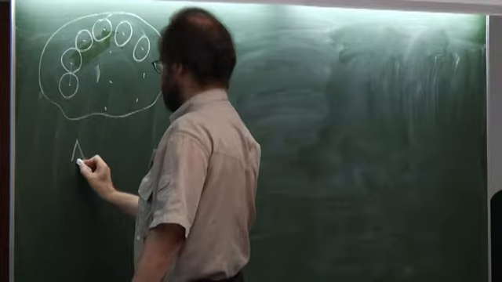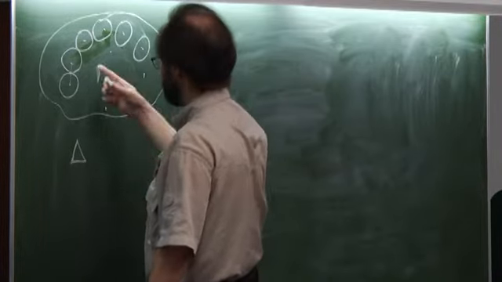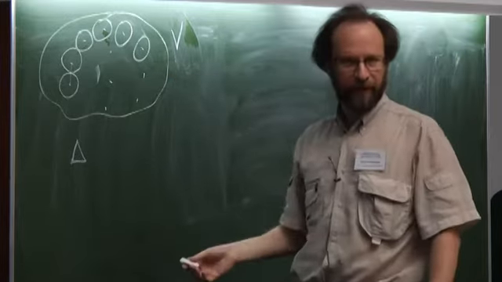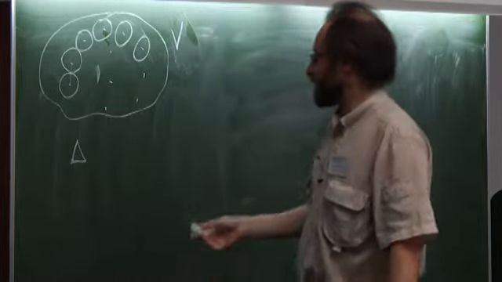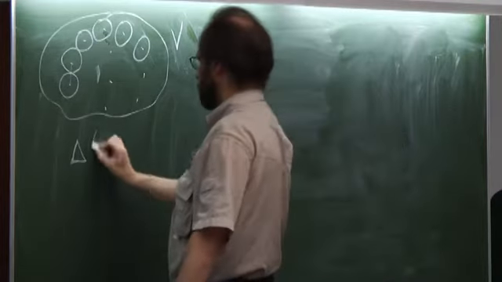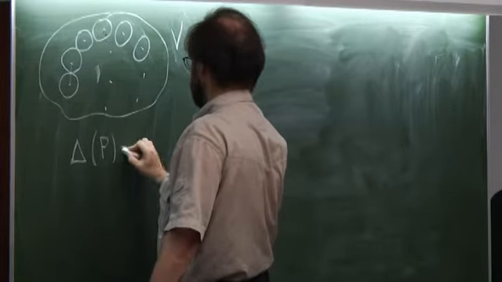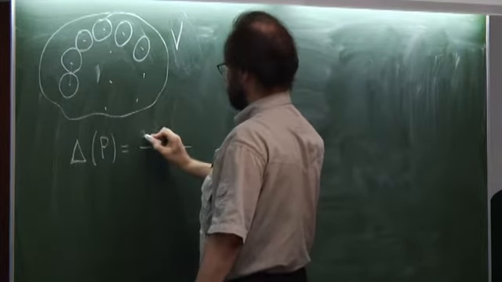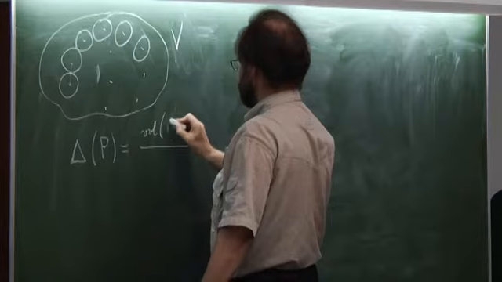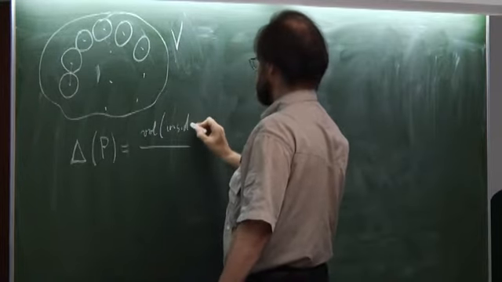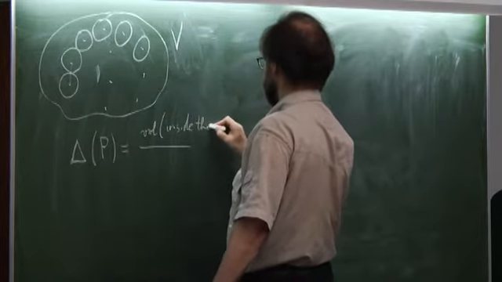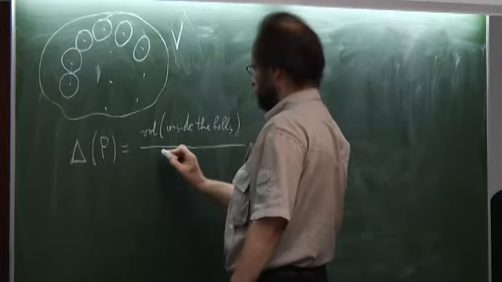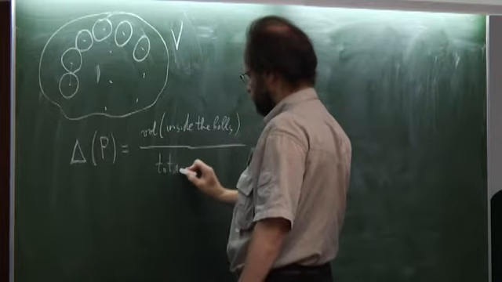So the density of this set of centers, which I call a sphere packing, let me call it P, is defined as the ratio of the volume inside the balls to the total volume of the space.